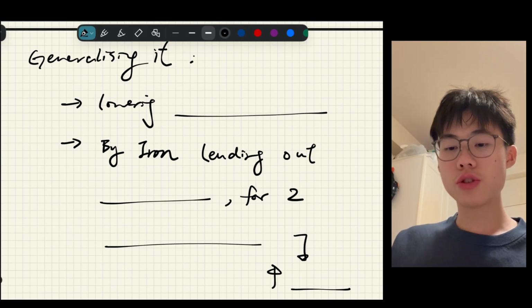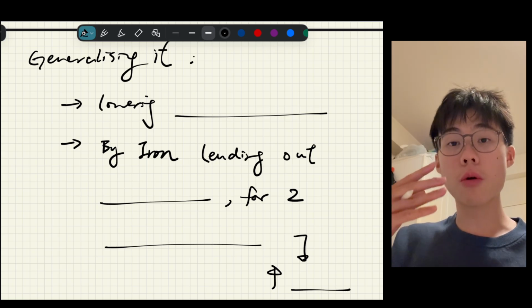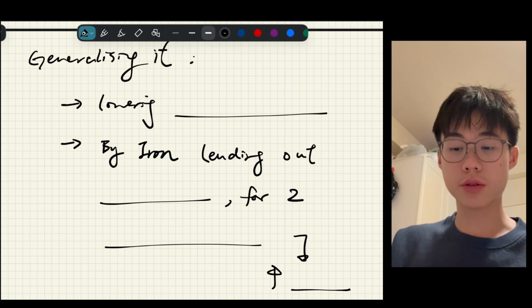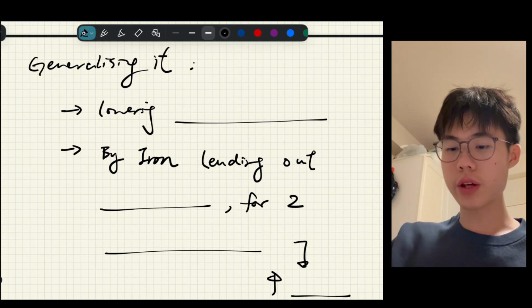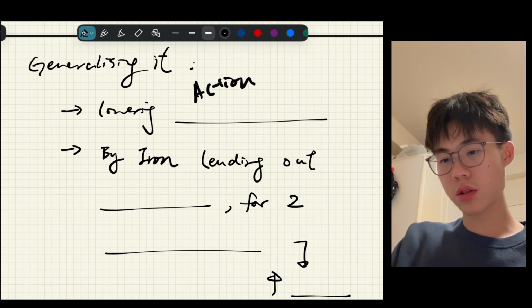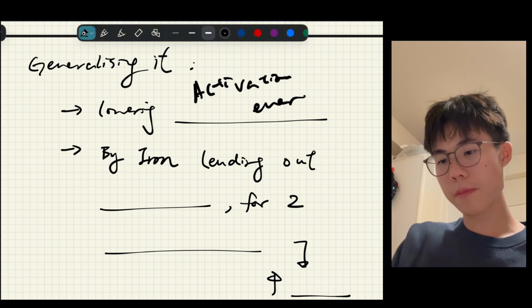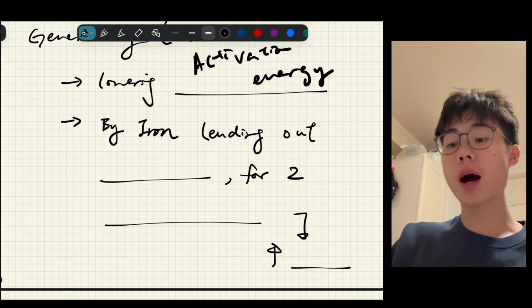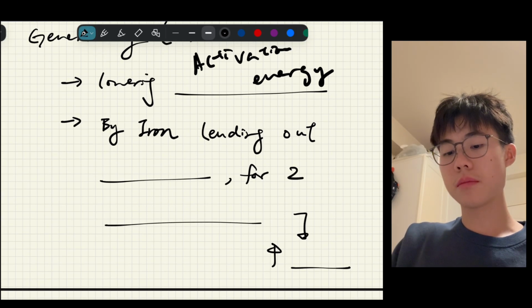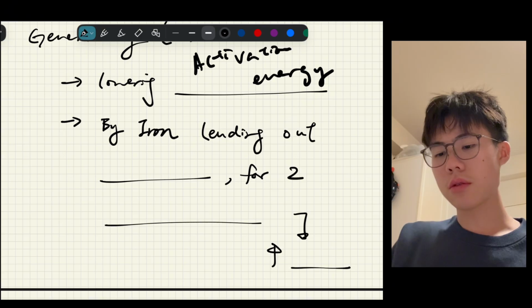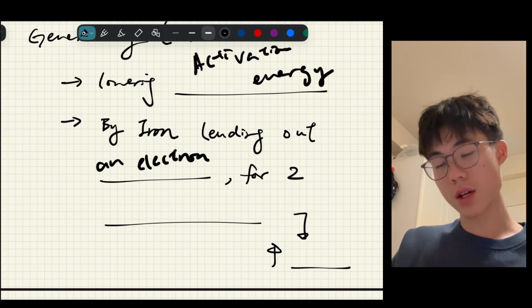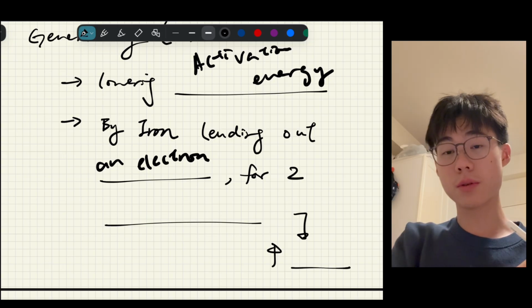And so to generalize this idea of a homogeneous catalyst speeding up a reaction, with a bit more explaining so that you actually understand what's going on, it lowers the activation energy by iron lending out an electron, turning from Fe2+ to Fe3+.